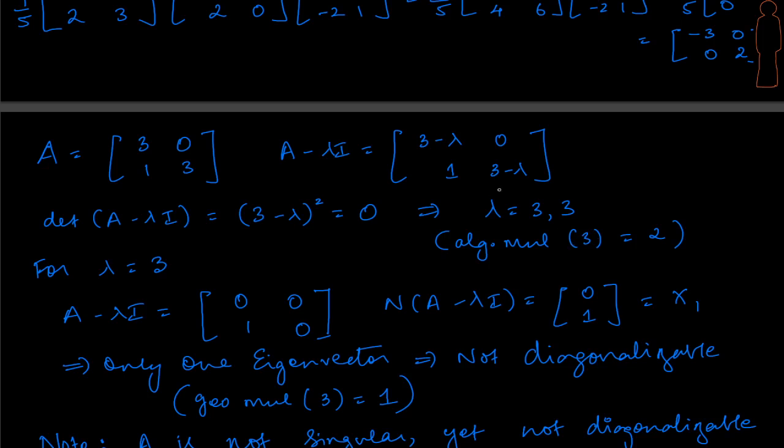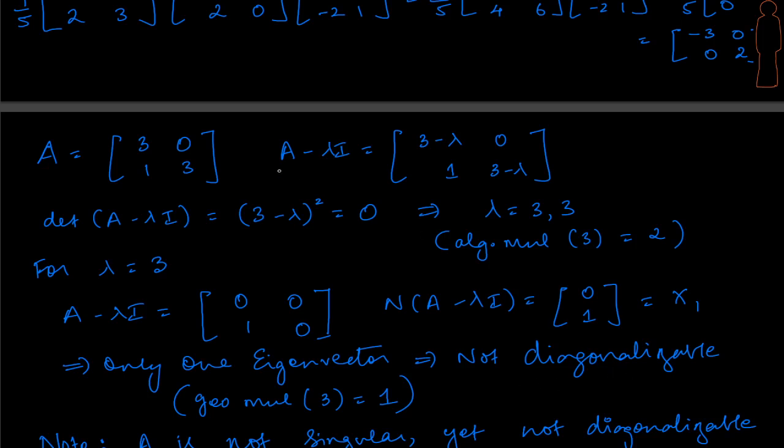Okay, so let me substitute 3 in this equation, and this is my matrix A minus lambda I. Now look at the null space dimension. That's clear, it is only 1, so this can produce only one eigenvector. Where's the second eigenvector? And therefore I can't have the diagonalizability feature for it. We are saying there is only one eigenvector, therefore it's not diagonalizable.